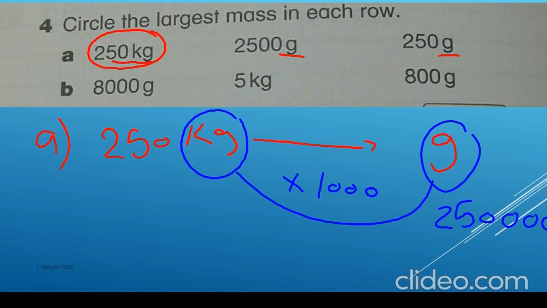Okay, now let's write the new value here. 250,000 gram and start to compare. 250,000 gram and I have 2,500 gram and I have 250. Which one is the largest one? Obvious, it will be this. Good.